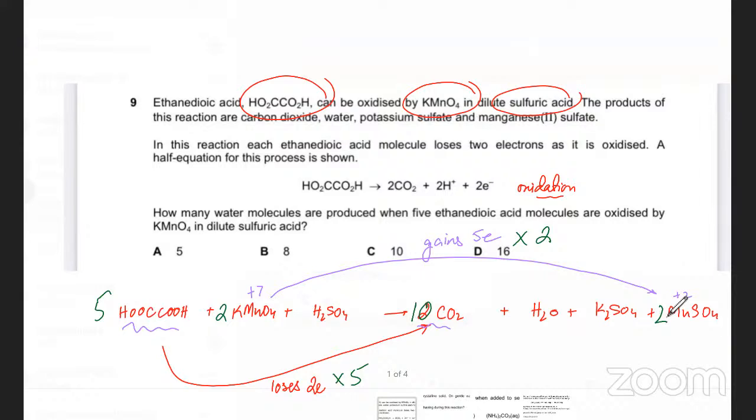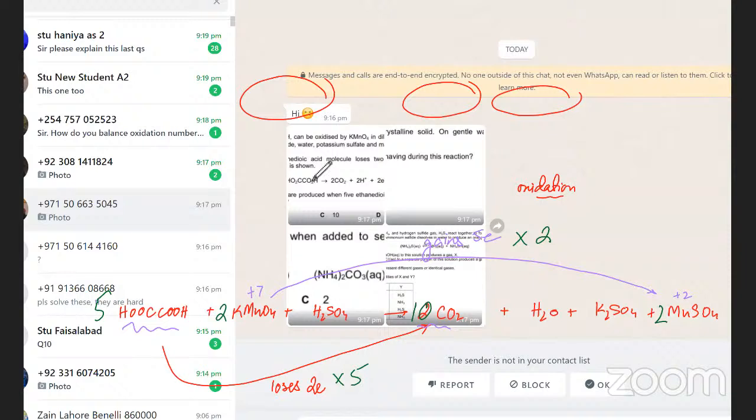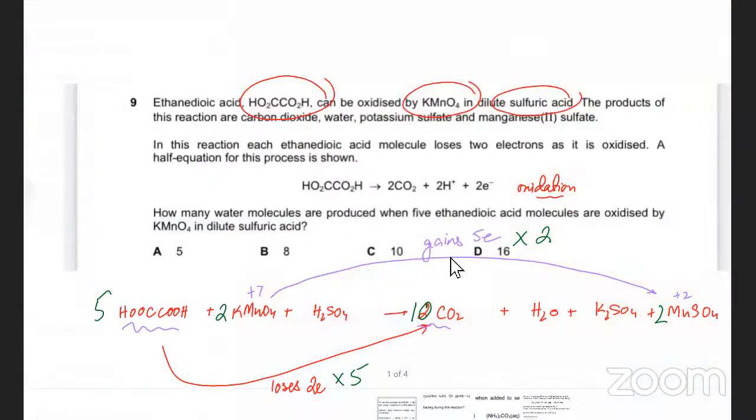Now the rest you can balance on your own. There are 2 potassiums on each side, so that's fine.